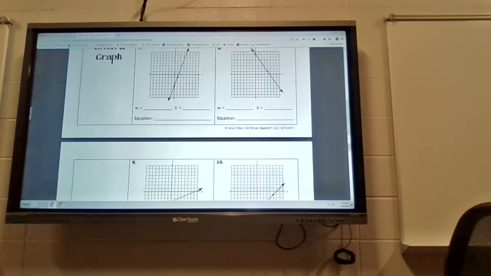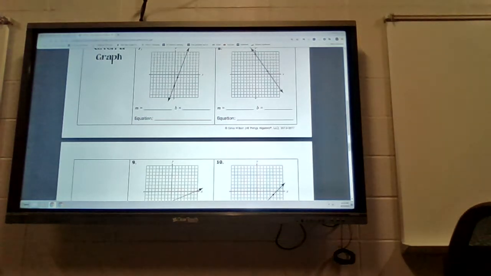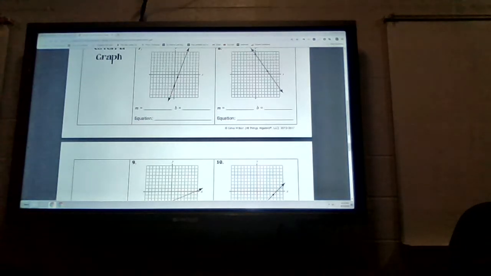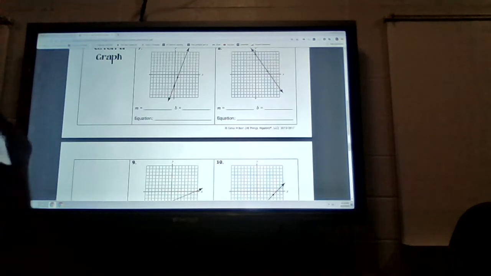Okay, y-intercept by definition is the place where your graph crosses the y-axis. I'm going to make the lights a little bit dimmer, without turning them all the way out, so you all can see that.